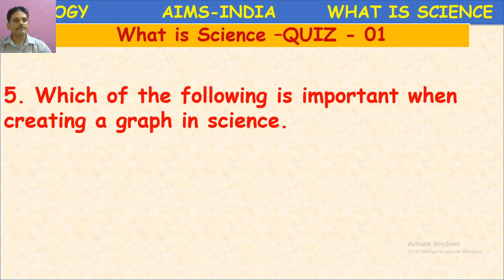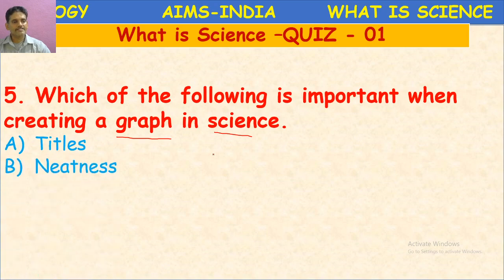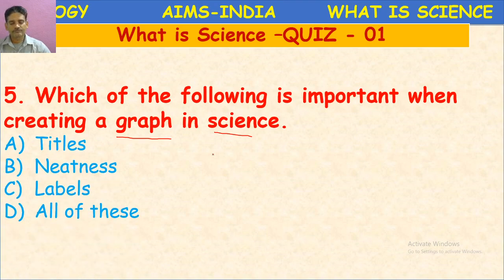Next, the fifth question. Which of the following is important when creating a graph in science? Titles, neatness, labels, all of the above. Okay, in order to create a graph in mathematics, you are very much familiar.